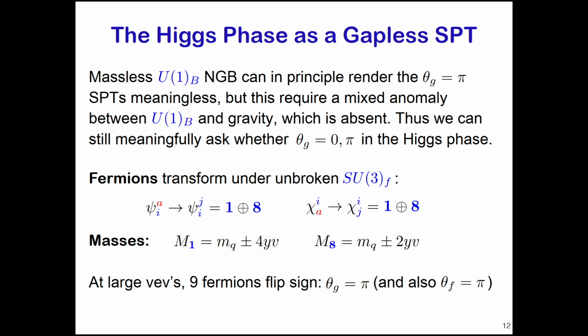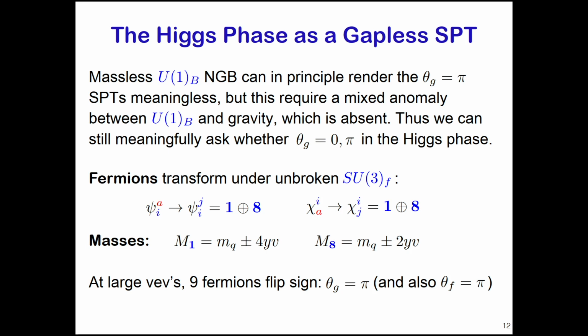And this could happen, in this case, if there was a mixed anomaly between U1 baryon number and gravity. And then the Goldstone boson could actually absorb the SPT. But baryon number is a vector-like symmetry, and it does not have such a mixed anomaly with gravity. So we're safe, and we can calculate the value of the gravitational theta angle.